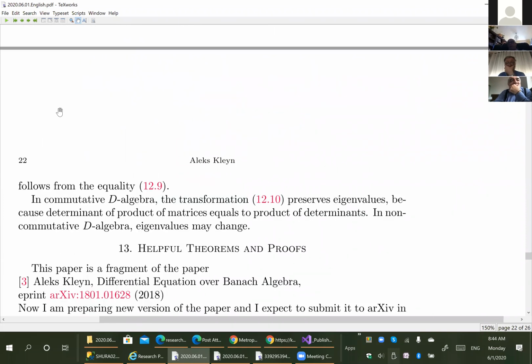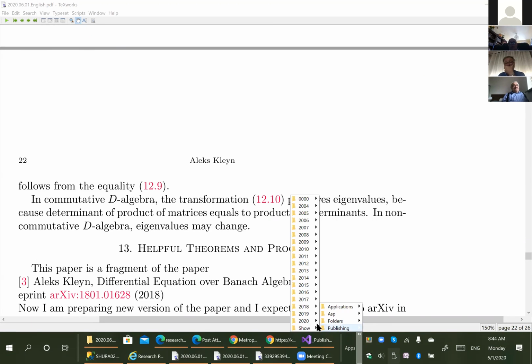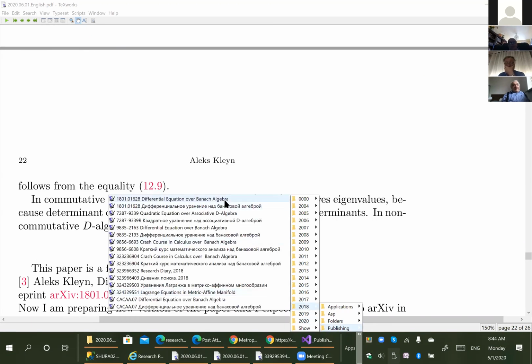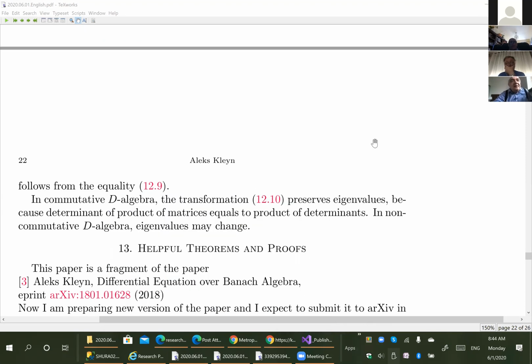If you want, я не знаю, может быть, тогда мне показать немножко из... Я могу тогда насчет экспонента показать. Сейчас, давайте. Буквально 5 минут.